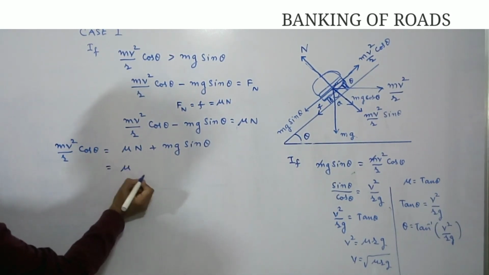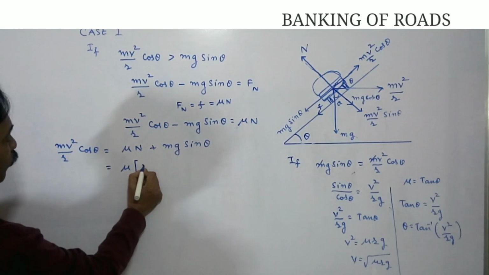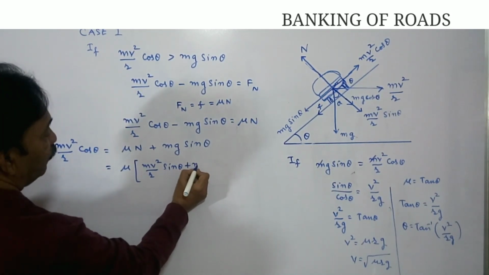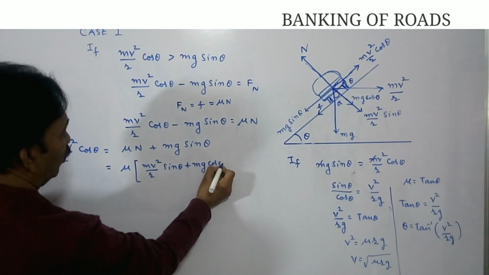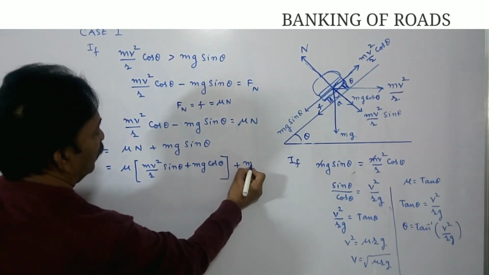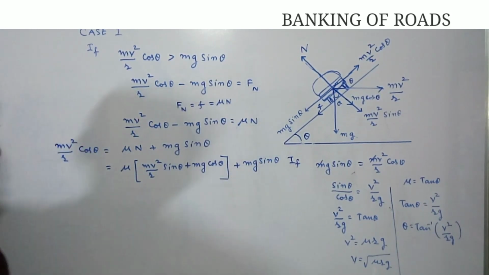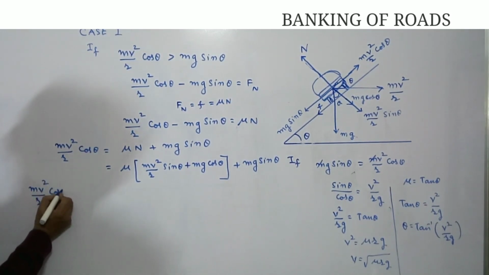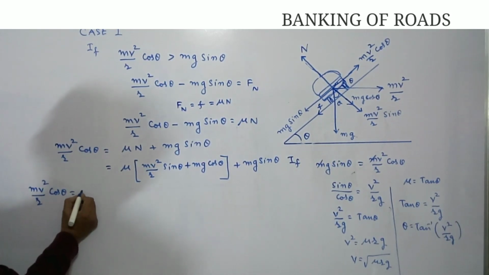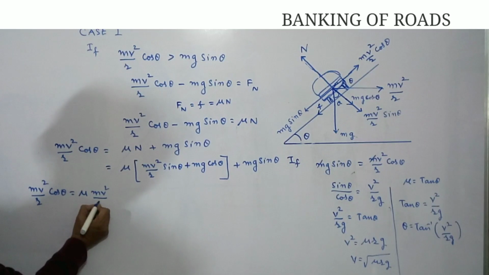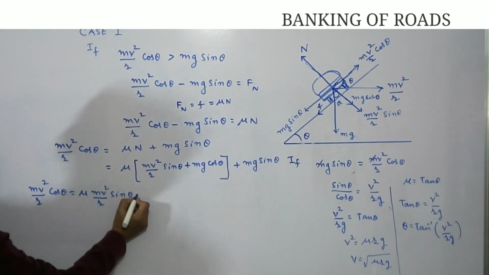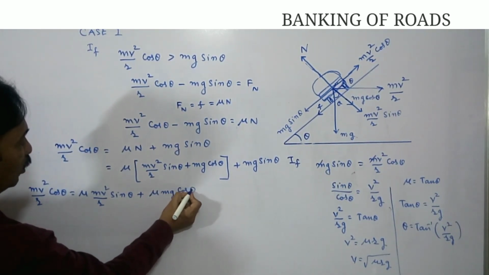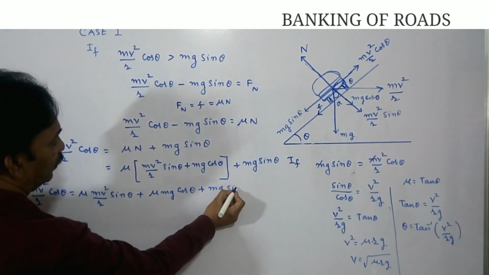It can be written as mu of mg cos theta plus mv square by r sin theta, and also it can be written as mv square by r cos theta is equal to mu N plus mg sin theta, that is, mu mg cos theta plus mu mv square by r sin theta plus mg sin theta.